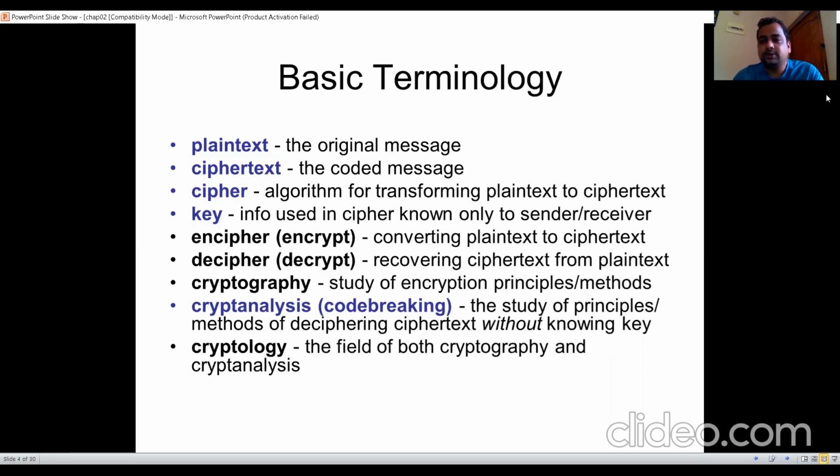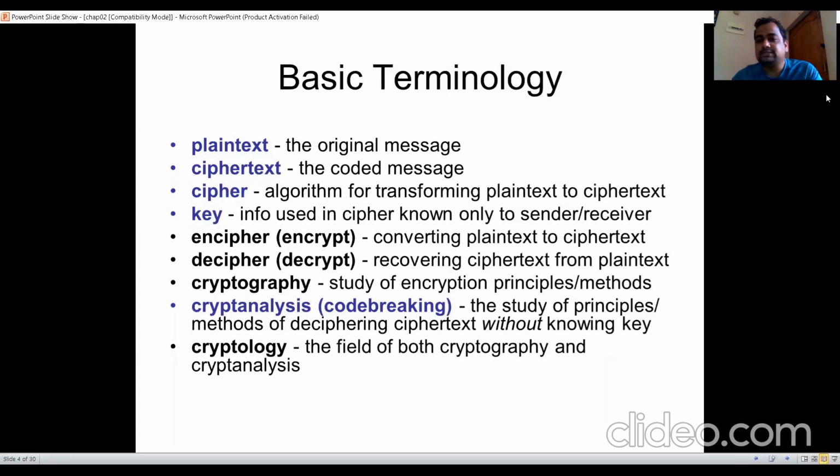There are two mechanisms: one for converting plain text into ciphertext and one for the reverse process. We call these encryption and decryption, or encipher and decipher. The procedure of converting plain text into its ciphertext is called encryption, and the reverse process is called decryption.